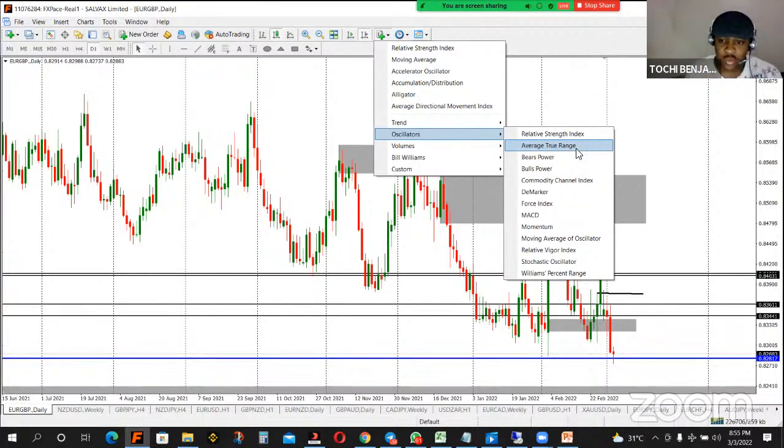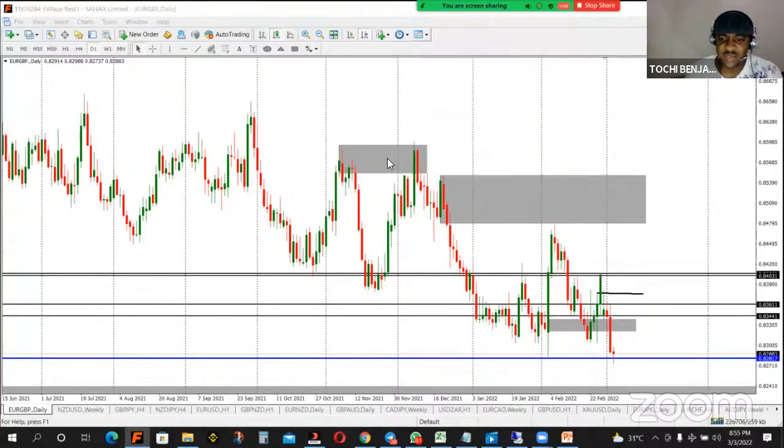You go to oscillators. In oscillators, you will see relative strength index. Click on relative strength index.